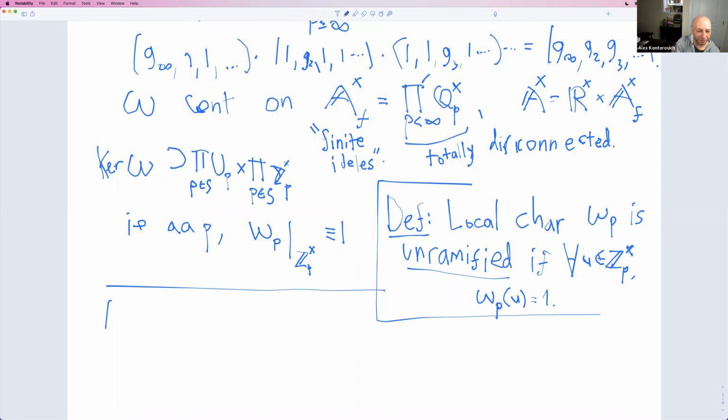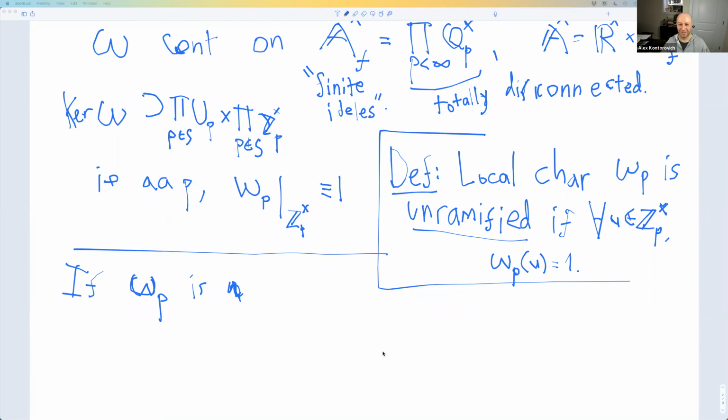So if omega_p, this local character, is unramified, or is ramified... I've lost my pen. Okay. Okay, that's much better. Can you see that?